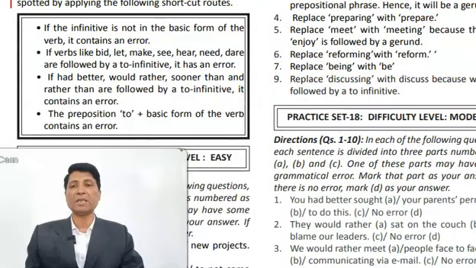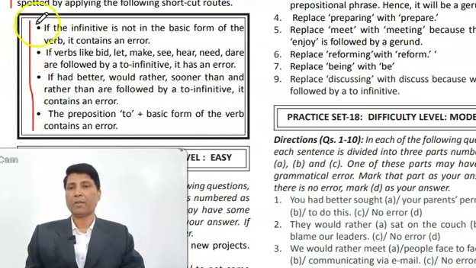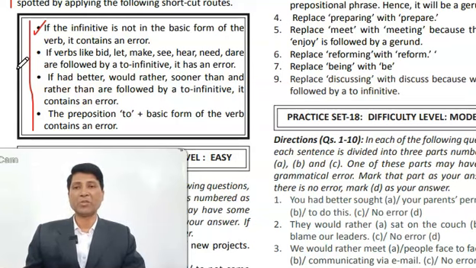So these points that are in front of you are the central areas where most problems are set. Have a look at the first point. If the infinitive is not in the basic form of the verb, it contains an error. We have seen in the previous practice set, many infinitives were kept in "ing" form.